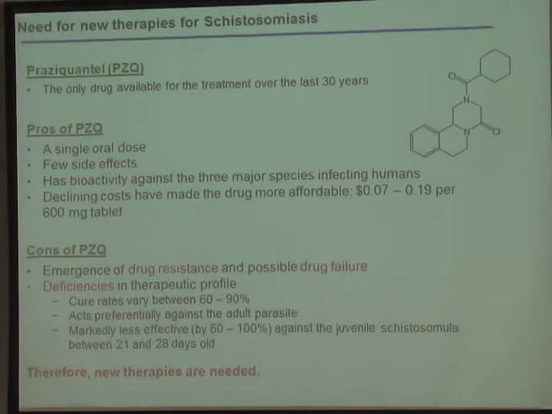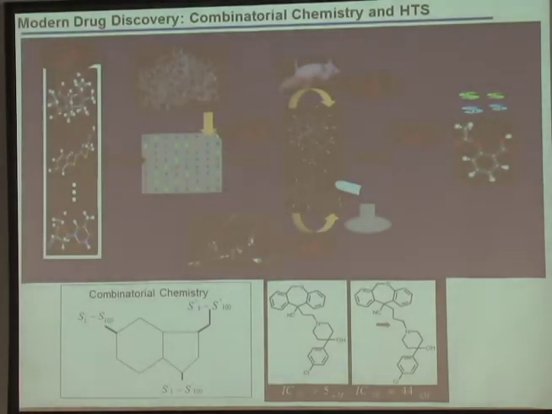Okay, so now, if that sort of makes sense, let me give you a one-slide introduction to how drug discovery is done today. Okay? So drug discovery is one of the most expensive industrial endeavors we take on these days.